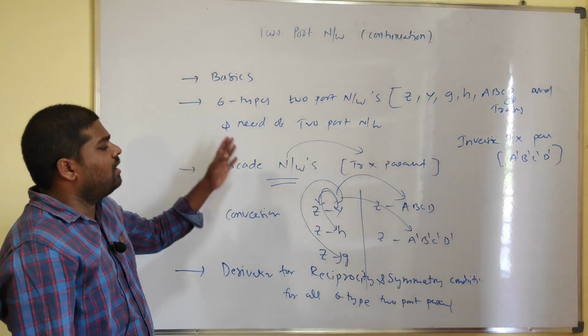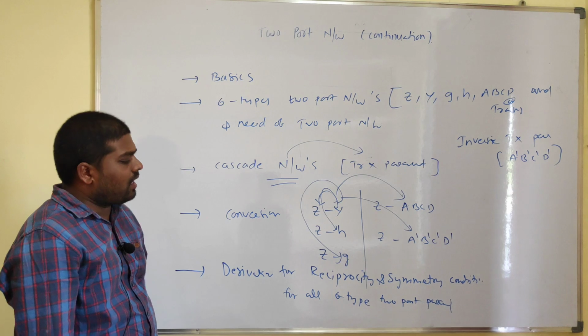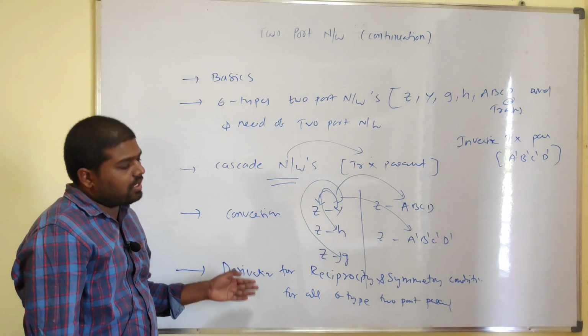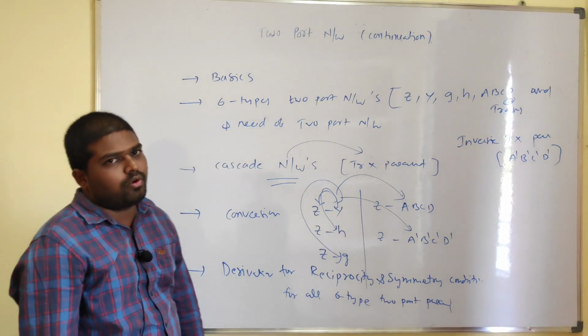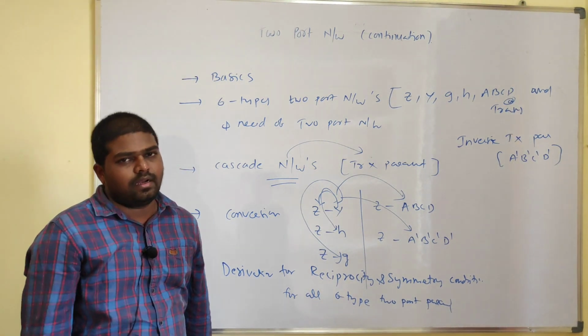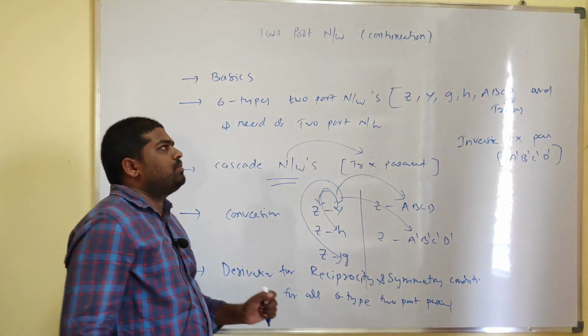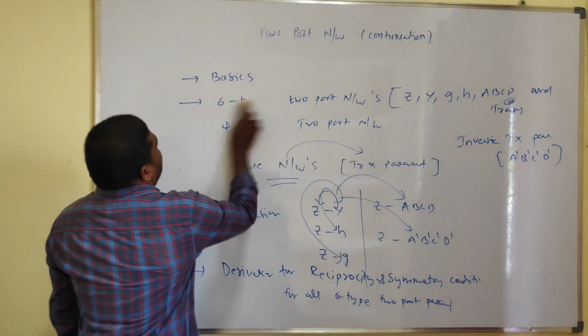These are all derived and discussed in earlier classes. And right now we start with interconnection of two-port networks. Two or more than two-port networks, how you interconnect them, and what parameters are defined for those types of configurations.